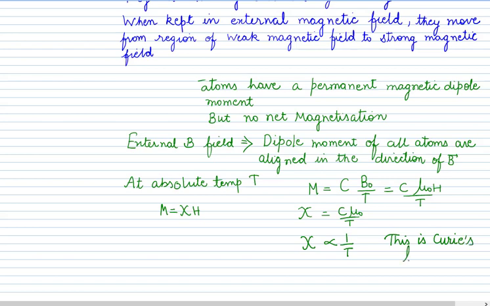This we call Curie's law, and C here is Curie's constant. Curie is the name of the scientist who discovered this, so this is given the name Curie's constant and Curie's law. Curie's law is that the magnetic susceptibility for paramagnetic materials is directly proportional to the inverse of temperature.